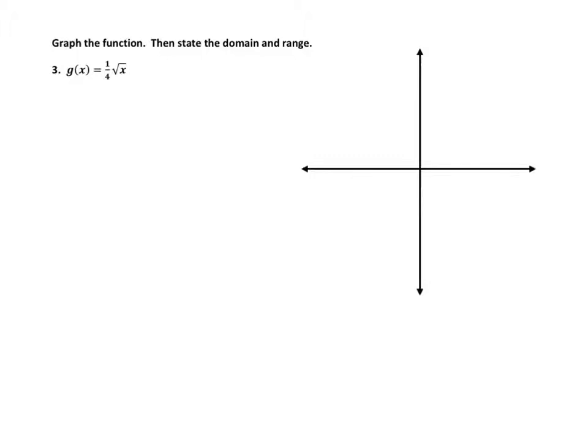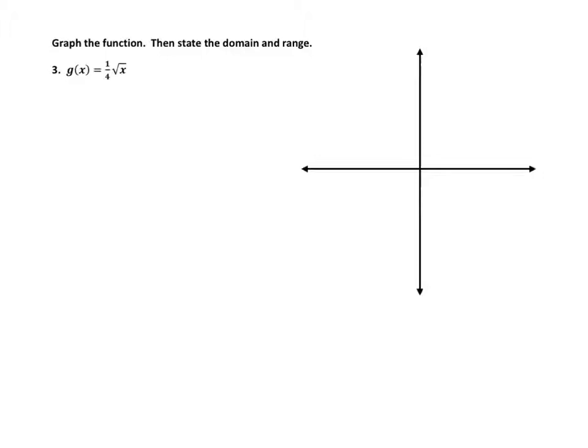So take a minute, press pause, please, and then try to state the domain and set up the table that you think you should graph. All right. Well, hopefully you pressed pause because you need to try on your own.